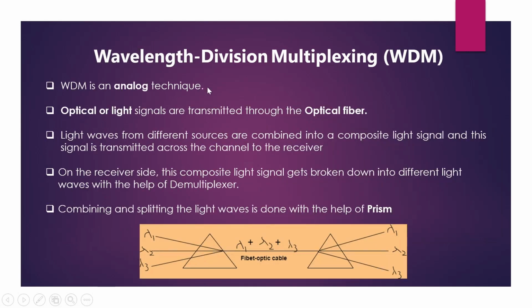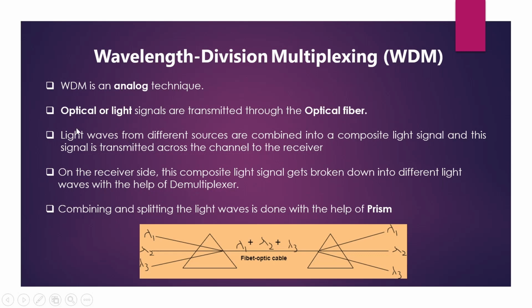Another technique is wavelength division multiplexing, commonly known as WDM. WDM is another analog technique. Here optical or light signals are transmitted through the optical fiber, since optical fiber is usually used to transmit data in the form of light or optical signals.